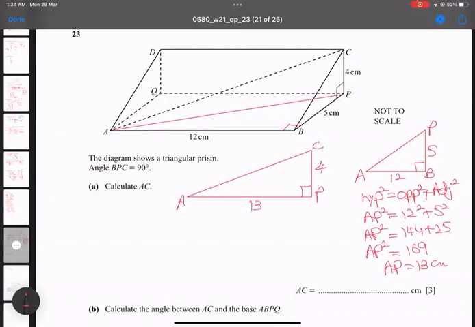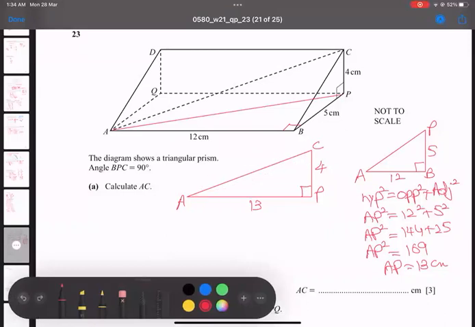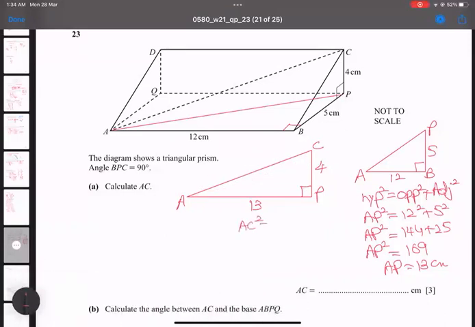First of all, he is asking us to get the value for AC, and I will apply the Pythagoras theorem once again, because in front of 90 degrees is the hypotenuse. So I will go for the same process. AC squared equals 13 squared plus 4 squared, 169 plus 16.